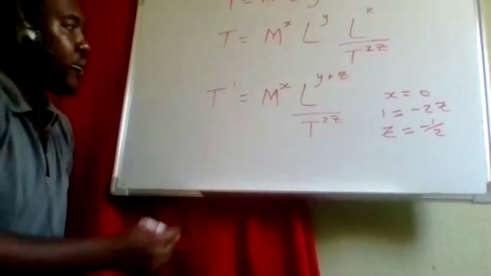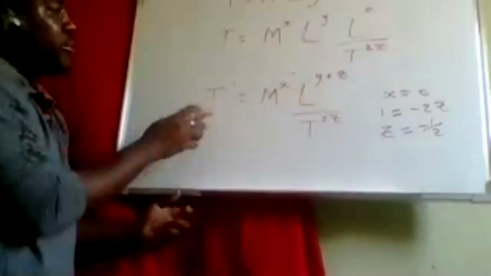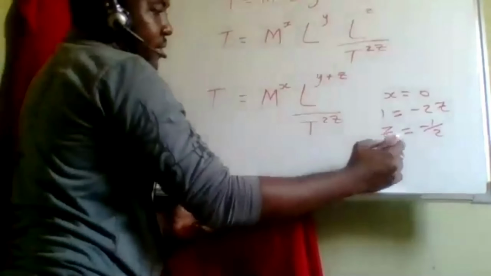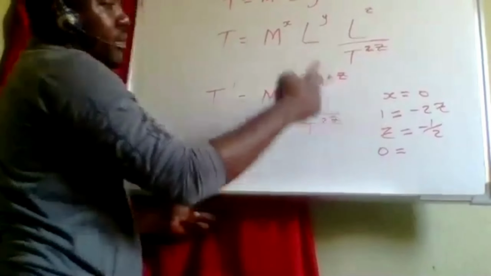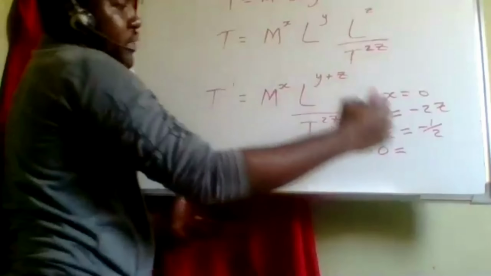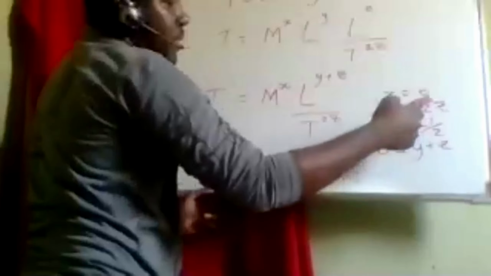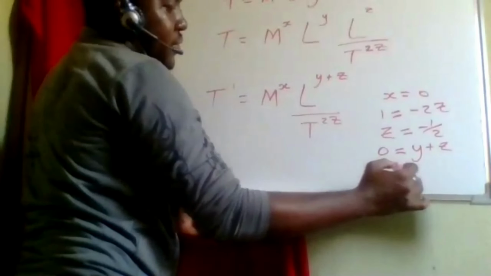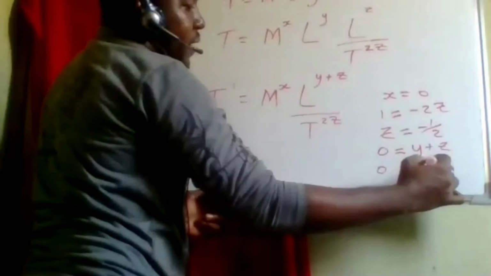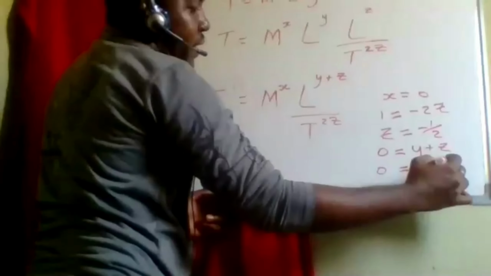And then for the L, there is no L here, so this is 0, and it's equal to the L here, which is y plus z. So we know z here is negative a half, so it's 0 equals y minus a half.